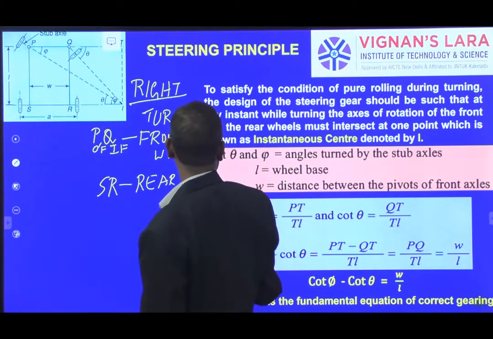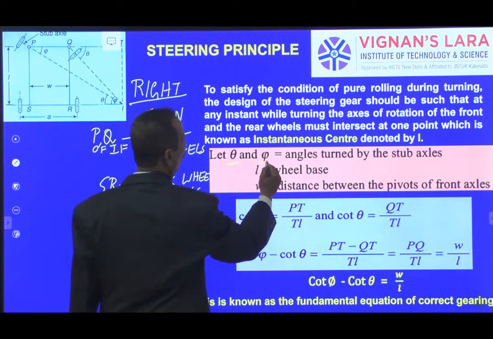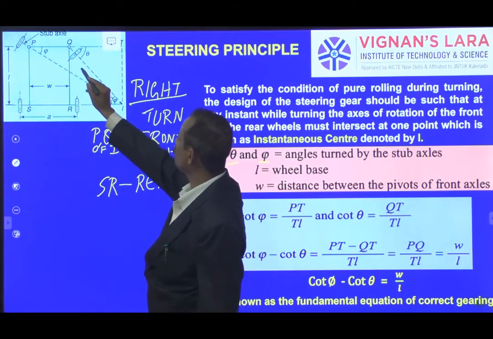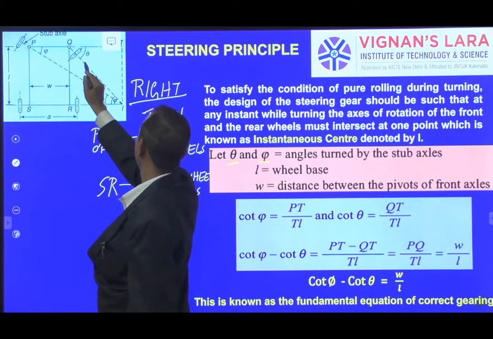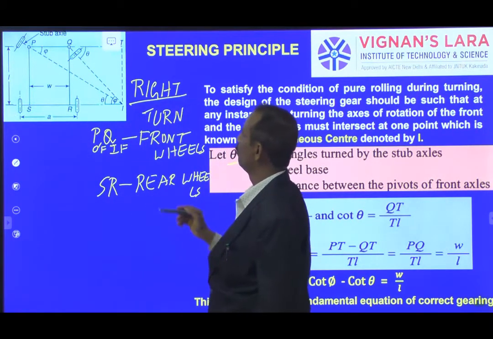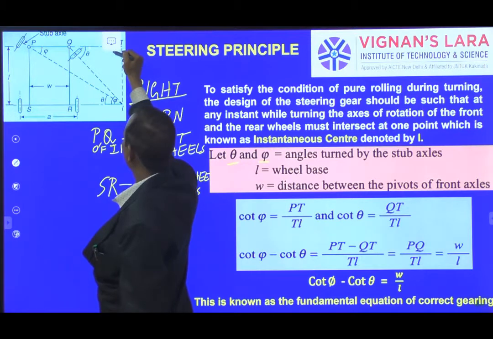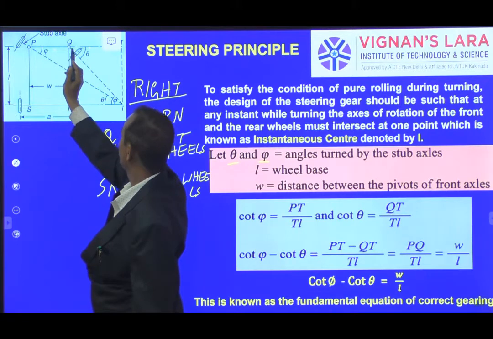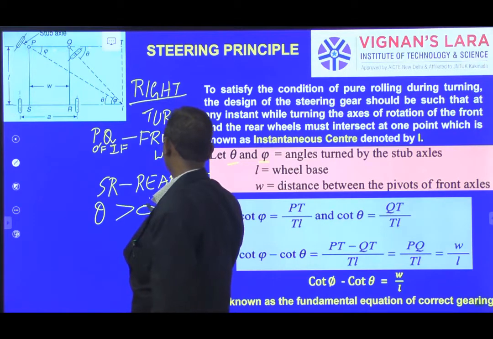The inner front wheel makes an angle theta, and the outer one makes an angle phi with the stub axles. You can see here, this is the stub axle, which makes the angles theta and phi when it takes a turn. Theta is the angle with the horizontal for the inner wheel, and phi for the outer, where theta is greater than phi.